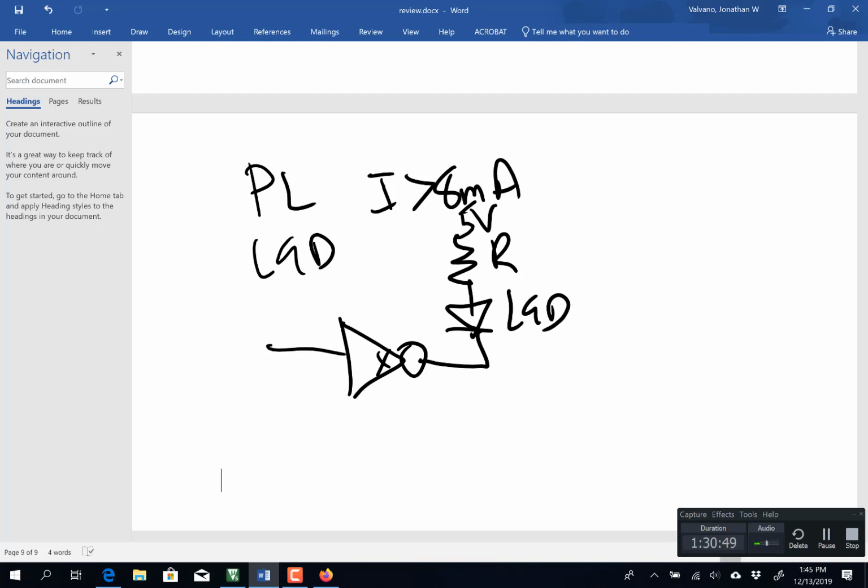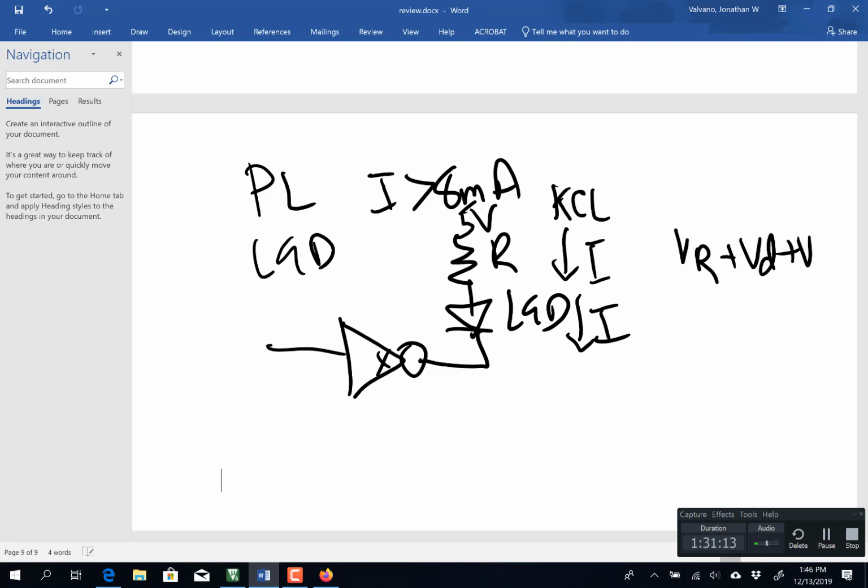So we're going to use Kirchhoff's current law. Kirchhoff's current law tells me what is the relationship between these two currents. They're equal. Kirchhoff's voltage law tells me that the voltage across the resistor plus the voltage across the diode plus the output low voltage, or whatever you want to call this voltage, is equal to what? 5.